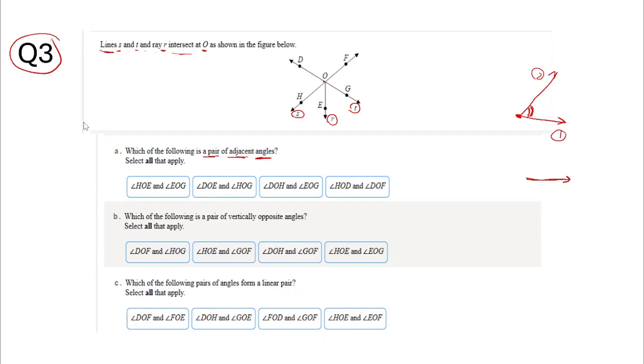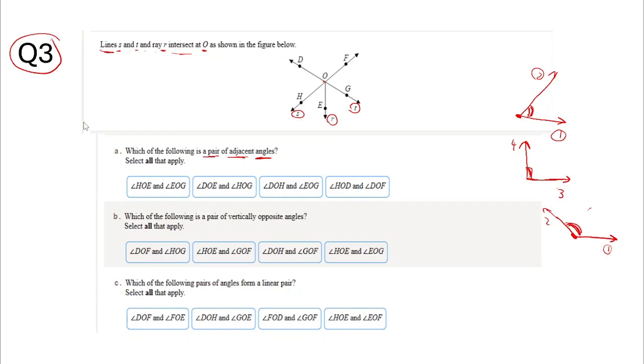Let's say I have another ray, for example ray 3 and ray 4, this is another angle, this is the right angle. We'll talk about this later in section 2. It can be like this: I have ray 1 and ray 2 with the same endpoint, and this angle is formed. So the angle is formed when two rays have a common endpoint.